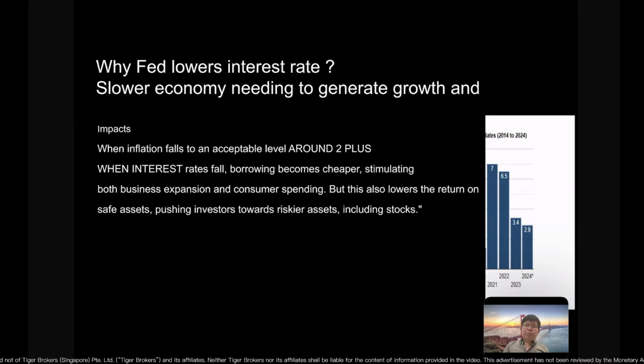When the economy is weaker, like the recent CPI, right? They say the CPI is already dropping, so the economy is not doing so well. The consumer price index and manufacturing index, all these are decreasing steadily.